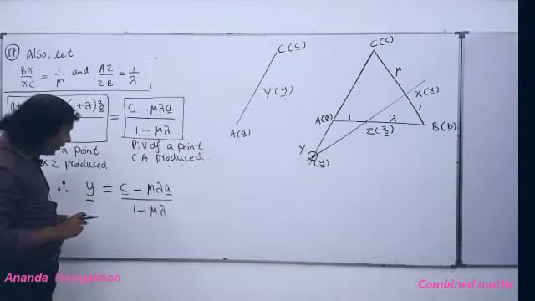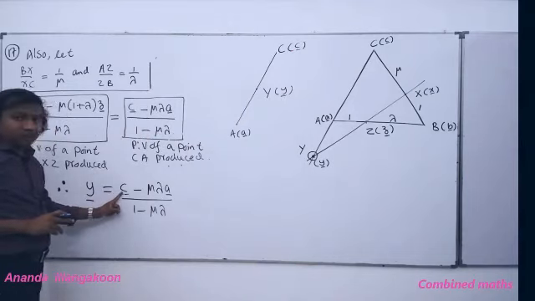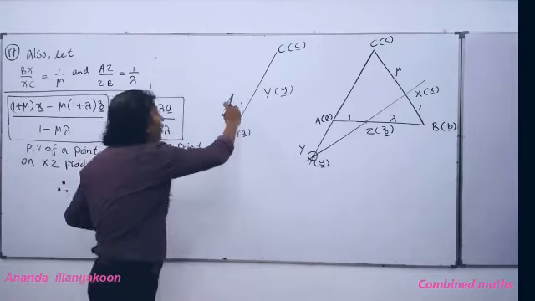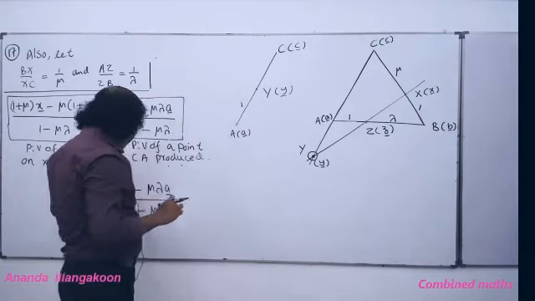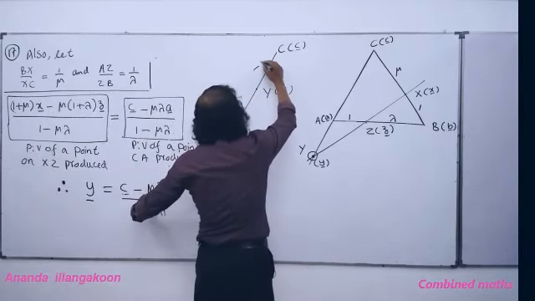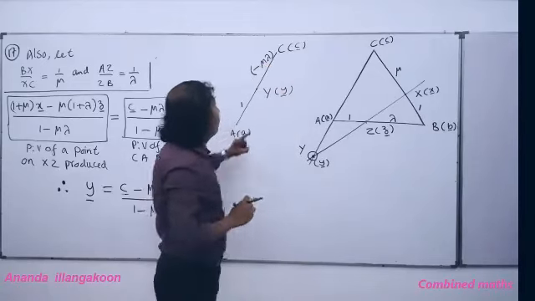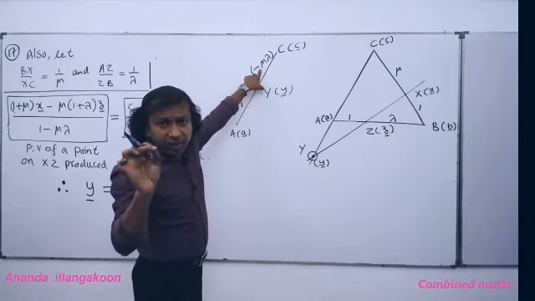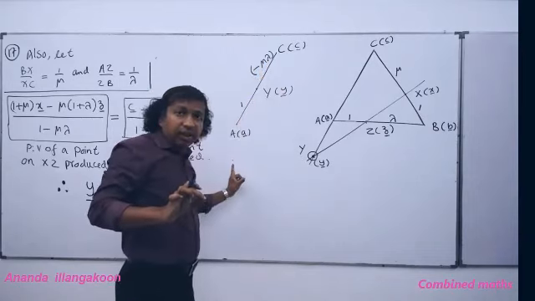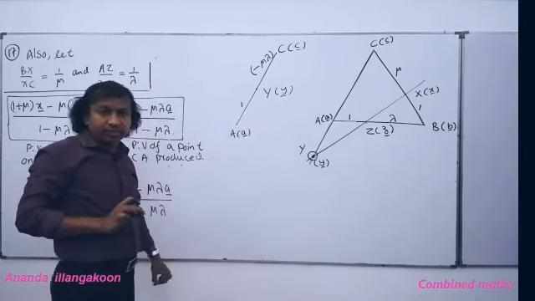Then I am going to take it like this. This one is coming 1 into C, here 1 into C. And this ratio now I am marking as minus mu lambda. People, this way with the ratio figure, the minus sign is coming because this point lies on the extended CA. But I mark it like this. Okay.